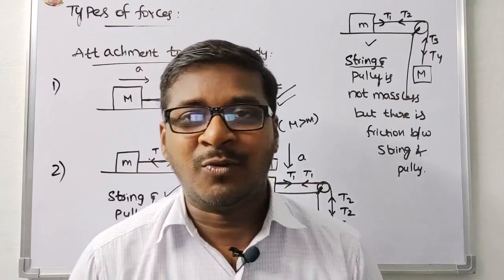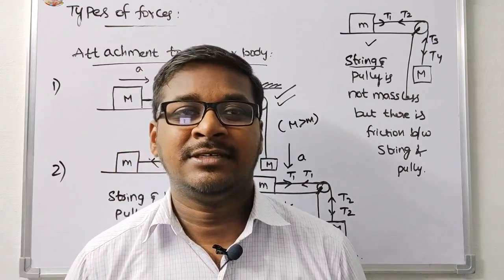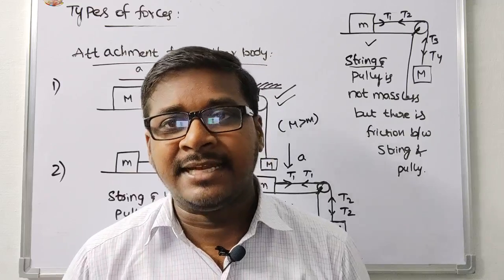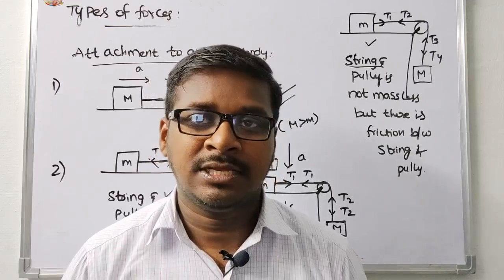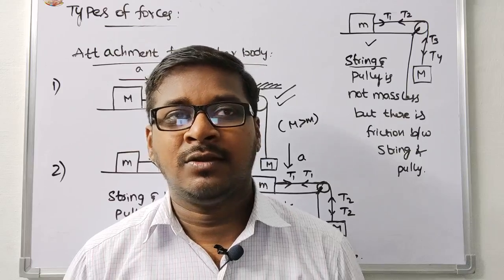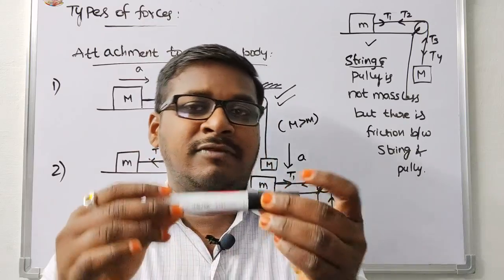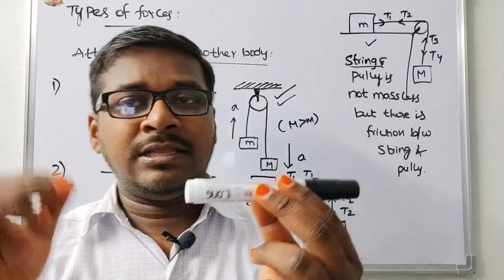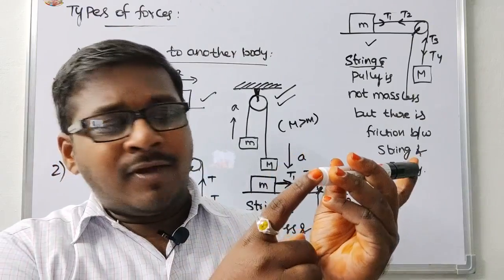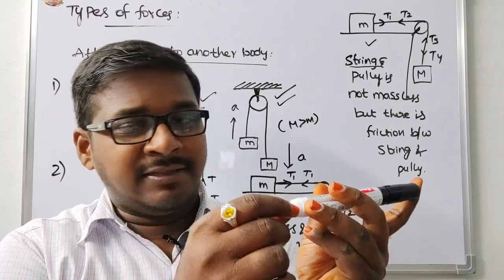First of all, what is the tensional force? It is a force exerted along a thread, rope, string, cable or wire. For example, this is the block, and one end of the block is tied with a string.